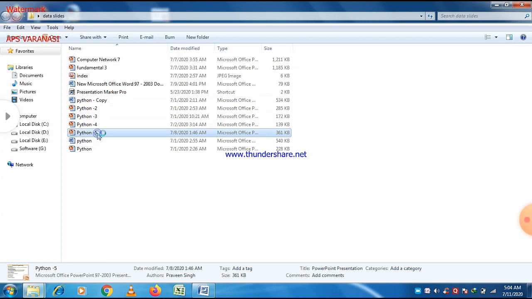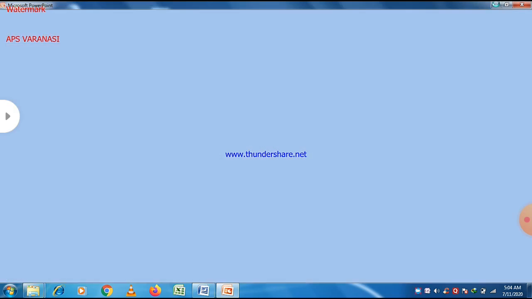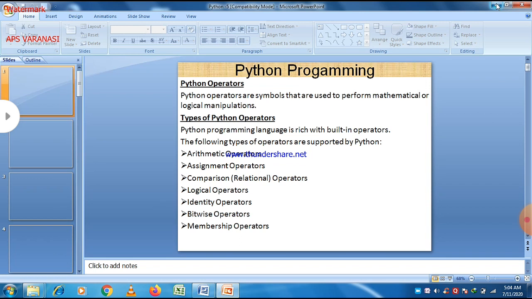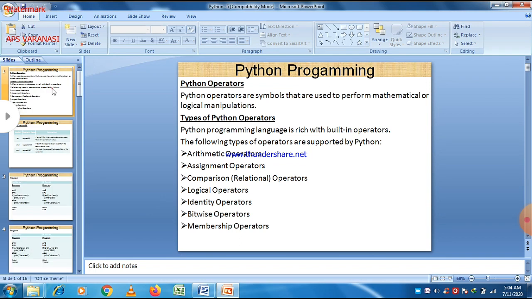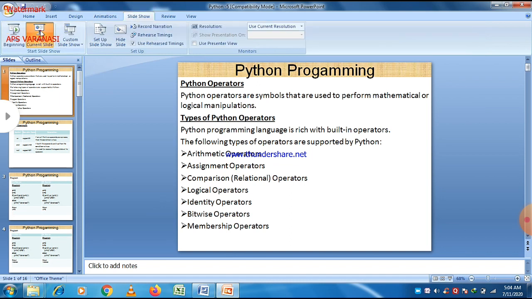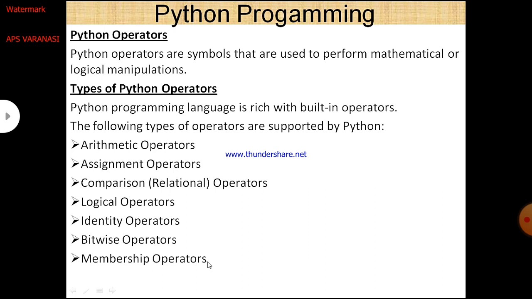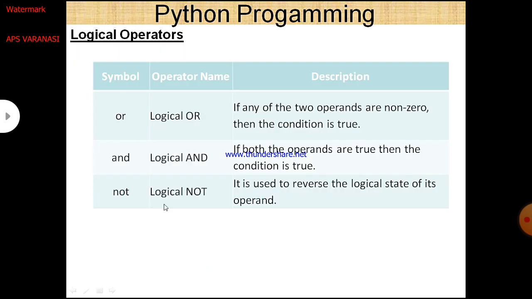In Python part 5 we already discussed some operators, and these operators are arithmetic operators, assignment operators, comparison operators, logical operators, identity operators, bitwise operators, and membership operators. All these types of operators were already discussed in our previous lecture.